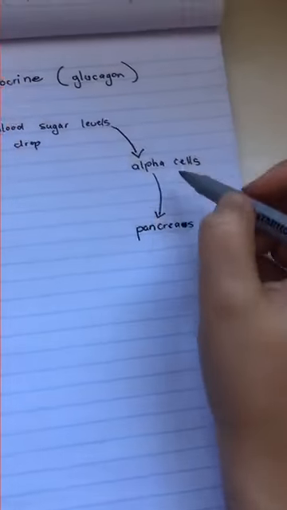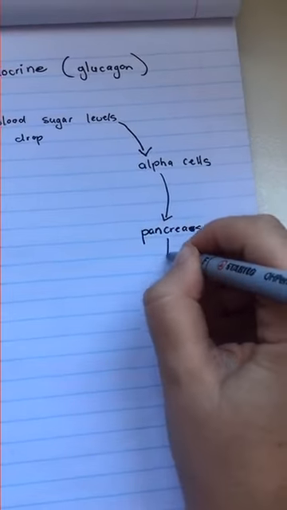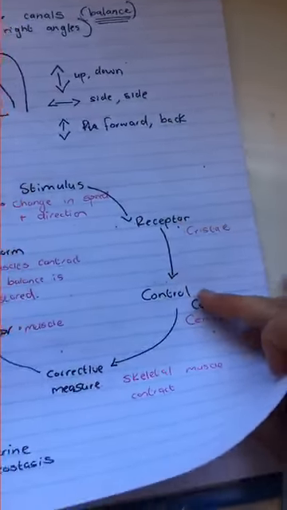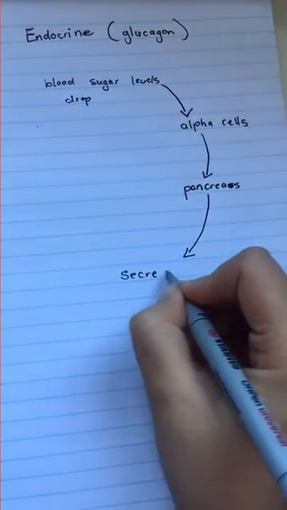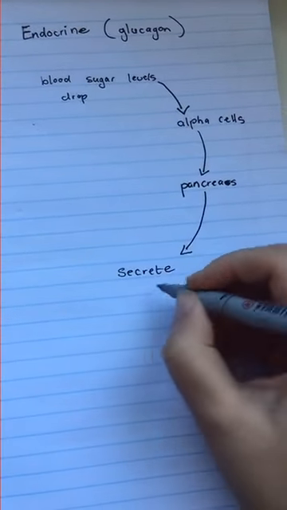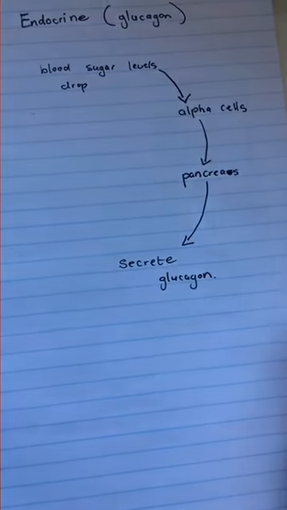Okay, pancreas. Our alpha cells in the pancreas. What is our corrective measure? Remember, we've done receptor, control center. Now we need the corrective measure. The corrective measure is we secrete glucagon. Okay.